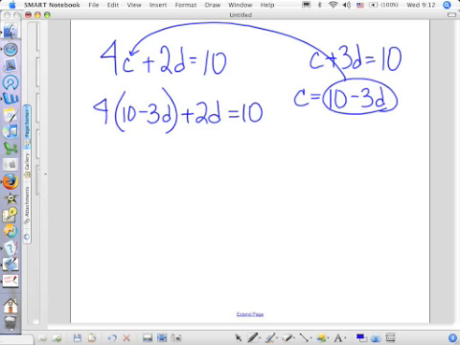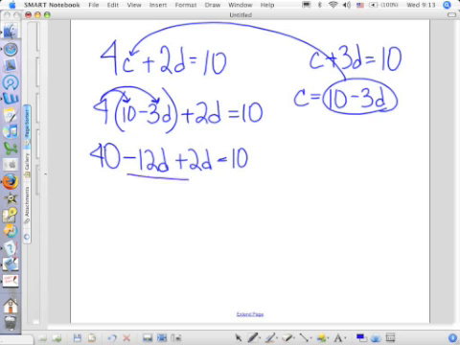I'm going to start by distributing. Here, 4 times 10 is 40. 4 times negative 3D is negative 12D plus 2D equals 10. I've got to add my like terms here, negative 10D.